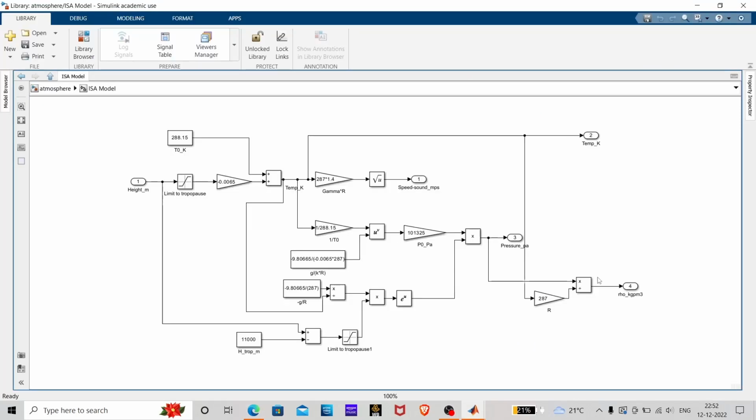That's all. This is all of the output. As we can see, temperature, pressure and density are the three outputs of this small model.